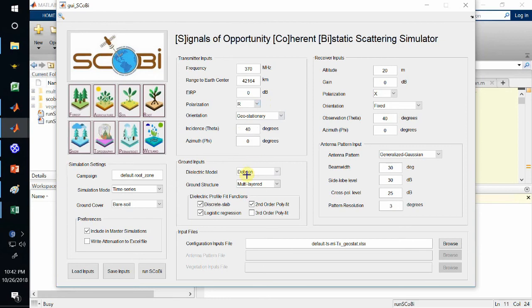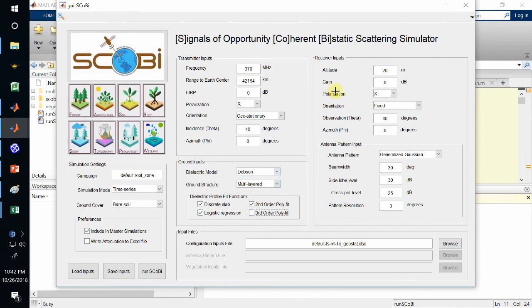Our ground input, we're going to assume, is a Dobson soil moisture estimation. The ground structure, again, is multi-layered, and you can click on as many of these as you want. Obviously, the more that you click on, the more calculations the program is going to run. So do what you will in that regard.